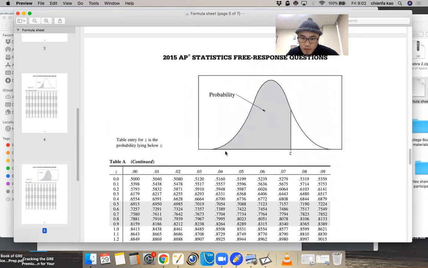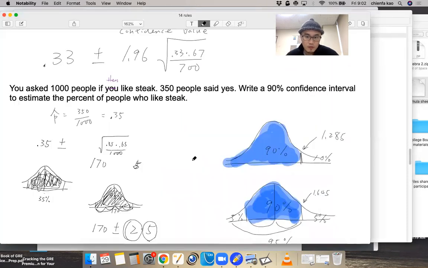But 1.285 includes this entire shaded area. But we don't want that. We want to measure from the center, the average. We want to make sure that the space on the left and the space on the right are equally far from the center.